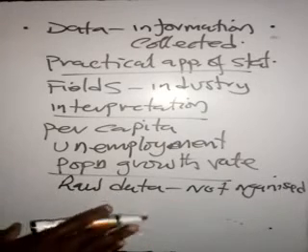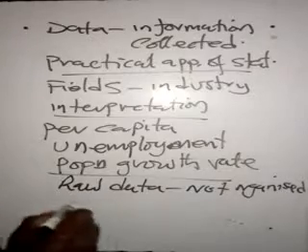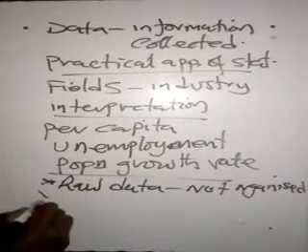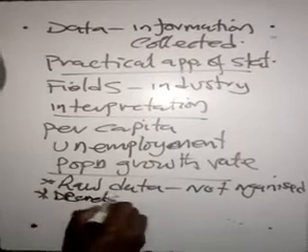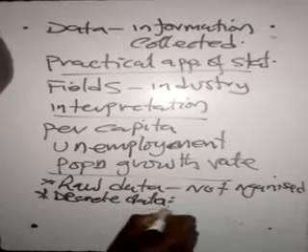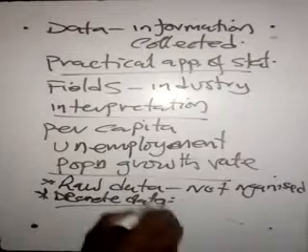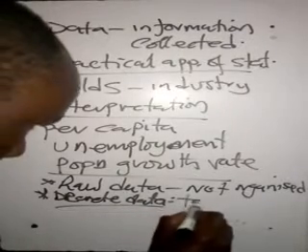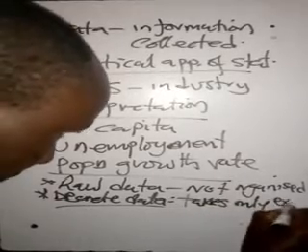Immediately after looking at raw data, I want to talk about discrete data, or discrete raw data, whatever you prefer. When we're talking about discrete data, here we are majorly concerned about data that takes only exact values.